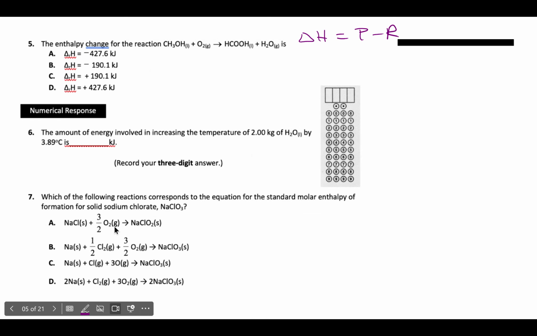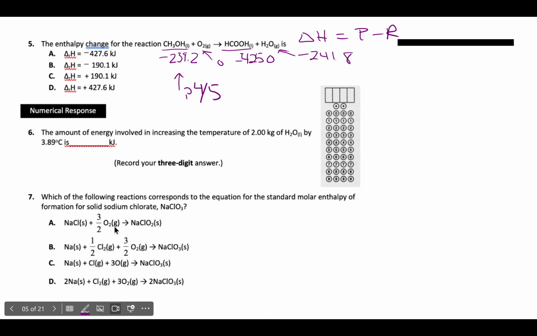So when we're looking at this one, we have the reaction given, so we'll start to look this up. If you take a look at this first compound here, methanol, it's negative 239.2, and I'm getting these values from page 4 or 5 of the data booklet. An element by itself is just 0. This one here is going to be negative 425.0, and water as a gas is negative 241.8.